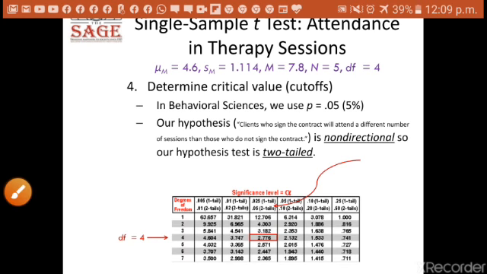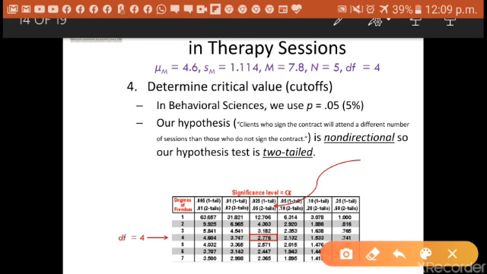Now the fourth step is determine the critical value. How are you going to determine the critical value? We determine the critical value by taking the alpha value and the degrees of freedom. This is the table, called the t-test table, where on the vertical axis we have degrees of freedom, and on the horizontal axis we have alpha values.